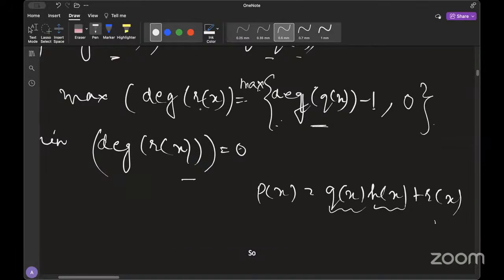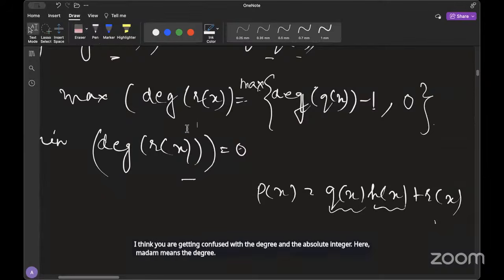So degree of Q(x) is 1, right? Minus 1 is 0. If your remainder is a constant, how is the degree 1? The degree is 0, right? You are getting confused with the degree and the absolute integer. Here, ma'am means the degree. She is talking about degree.